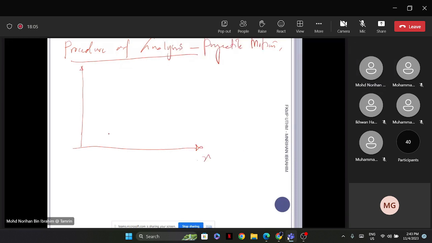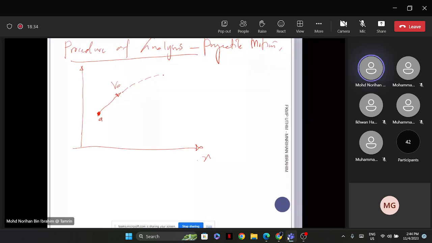So we have a particle, in this case particle A, for example. The small letter a represents the particle A. And here is the initial velocity, VA.